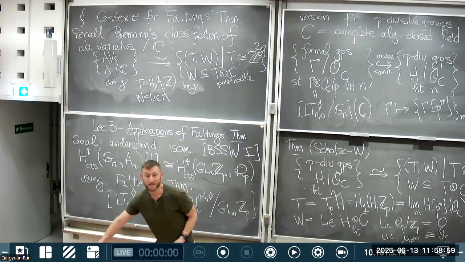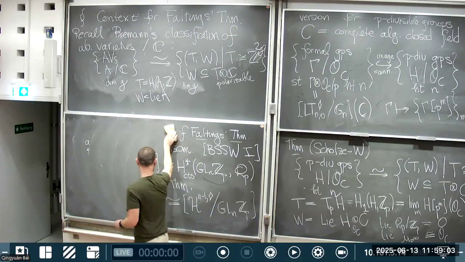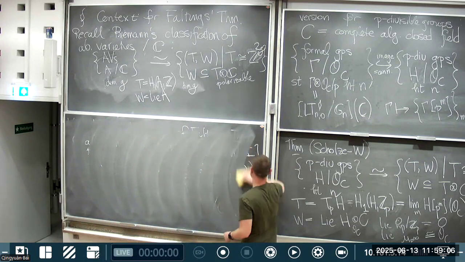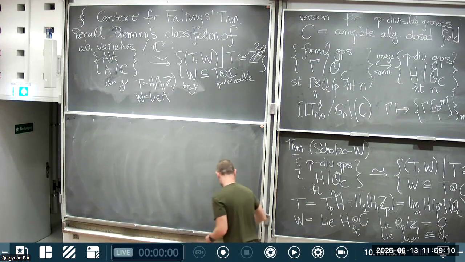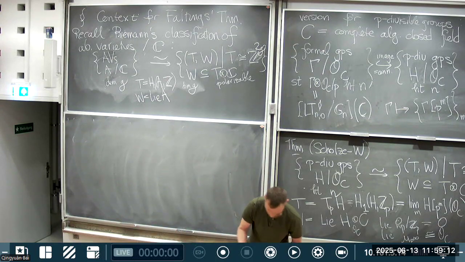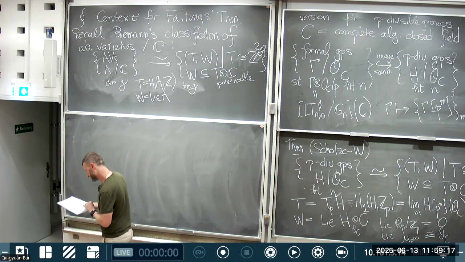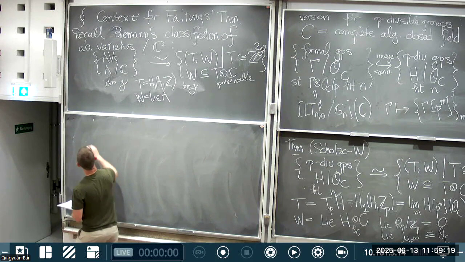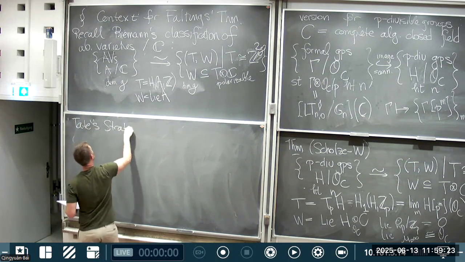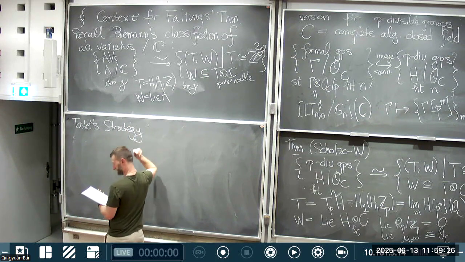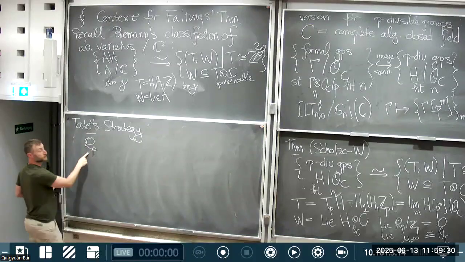Well, I want to go over Tate's general strategy. Let's take the algebraic extension QP bar.